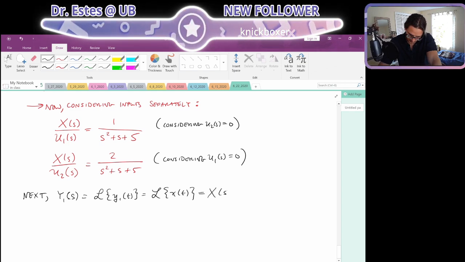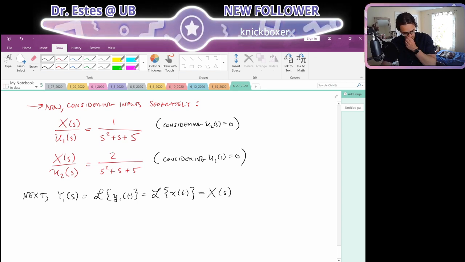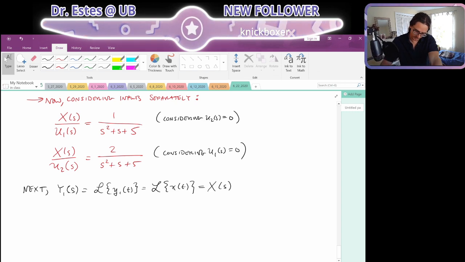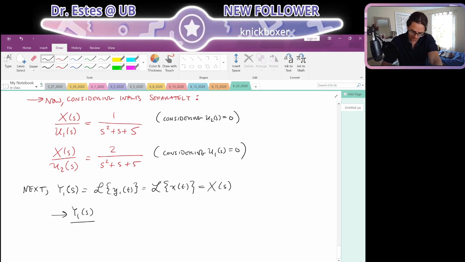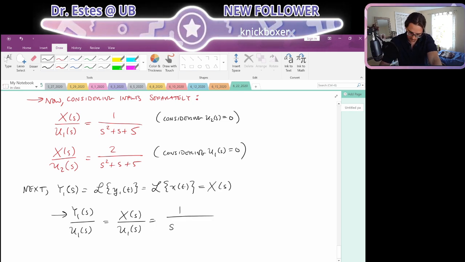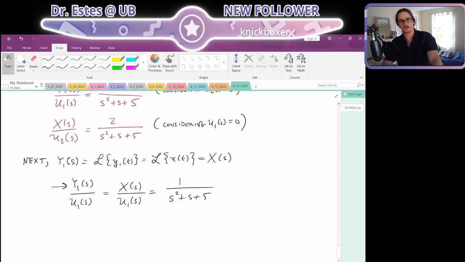Well, okay, that's x of s. So that means our first transfer function, let's do y1 of s over u1 of s. Well, that just equals x of s over u1 of s, and we already have that. Done. 1 of 6 finished.